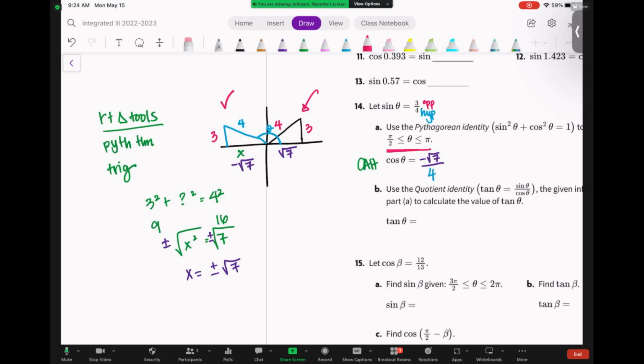The other little mnemonic that I helped you guys use before was all students take calculus, which basically means that in this quadrant, all of them are positive: sine, cosine, tangent. In this quadrant, only sine is positive. In this quadrant, tangent is positive only. That implies that cosine and sine are negative, which makes sense if you think about why it would be negative in the third quadrant.